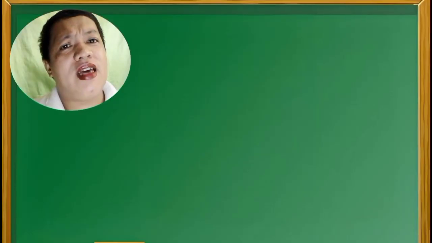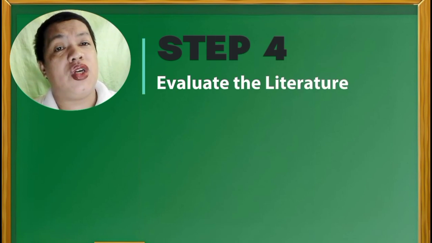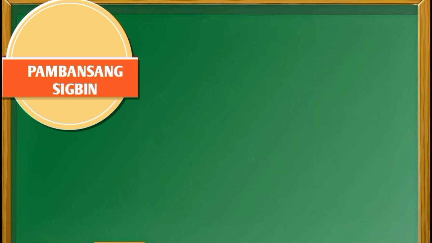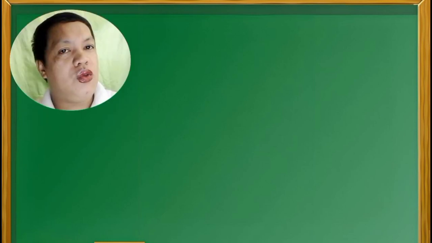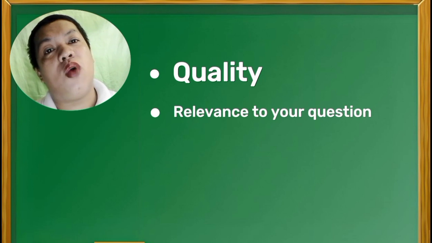Now the step 4 is to evaluate the literatures you have searched or literatures you have now with you. Once you have identified relevant literature, you need to evaluate it to determine its quality and relevance to your research question and of course relative to your research title.